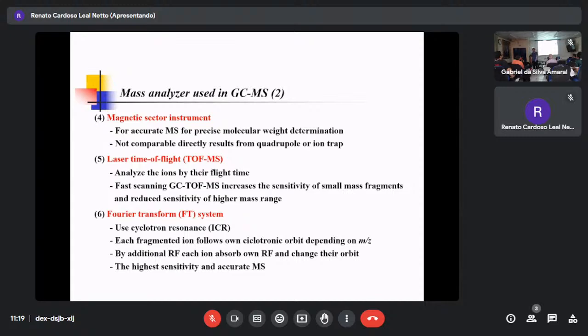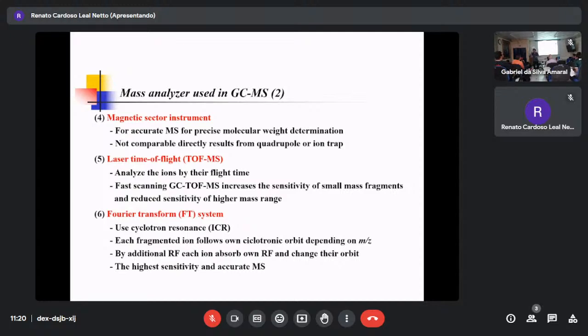When you throw a stone, the heavier one doesn't go far, the light one goes fast, going further, right? That is like the time of flight. Of course, they have pros and cons, but the quality itself.